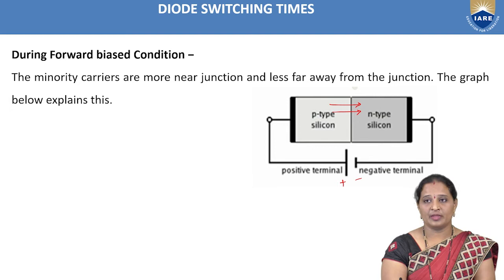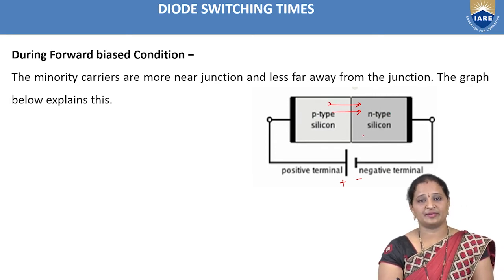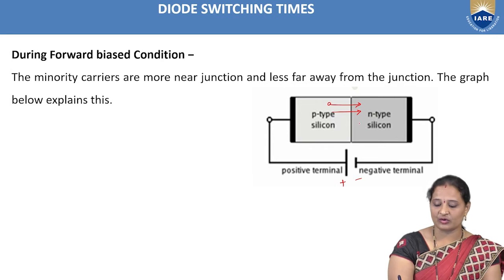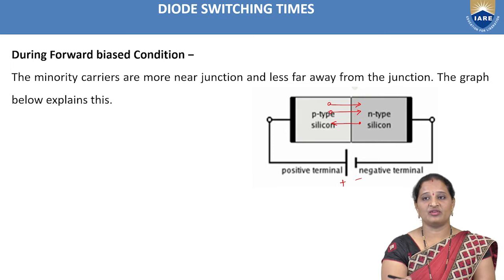Also, the majority charge carriers of the N-type semiconducting material are the electrons, which are repelled by the negative terminal of the battery, and hence they will try to cross the junction.